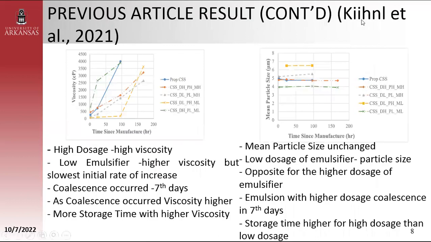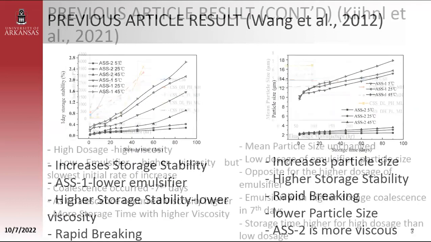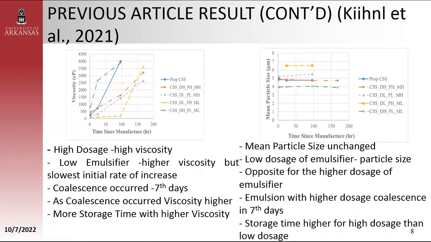There is a contradiction with the Keen et al. research article, which mentions that when coalescence occurs, there will be higher viscosity. But as we can see from the previous article, coalescence means particle clogging.